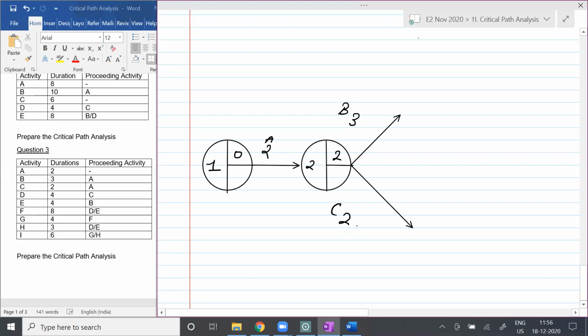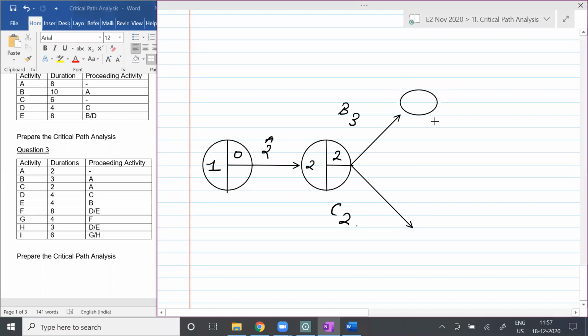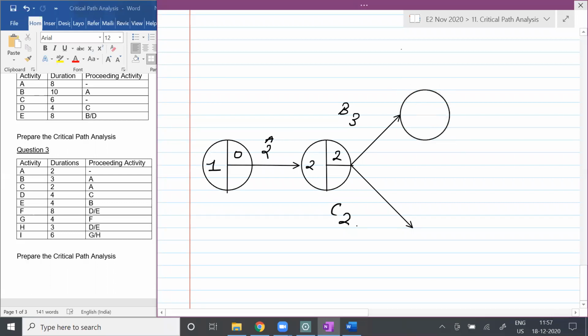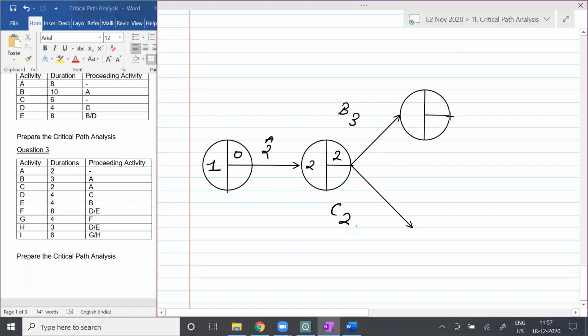Agree, no, students? So if you want to finish B, what is the earliest time to complete B, students? 2 plus 3 is how much, students? 5. 2 plus 3 is 5, right? Agree, no, students?